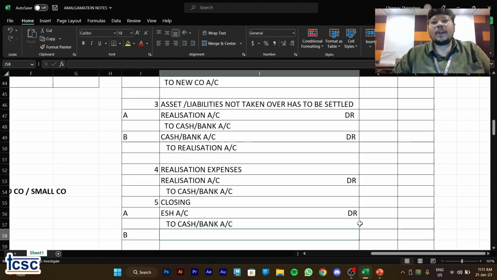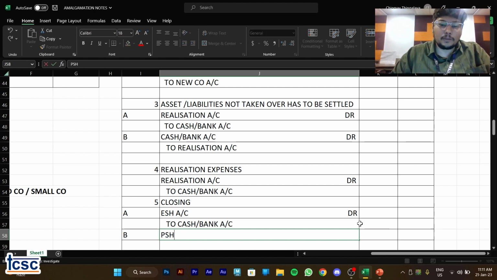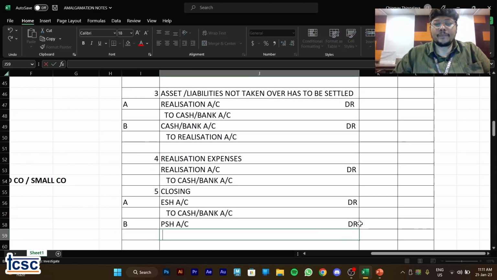Next, whatever purchase consideration the preference shareholders have received from the new company has to be distributed amongst all the preference shareholders of the old company. So the journal entry will be PSH account debit to preference shares in new company account.